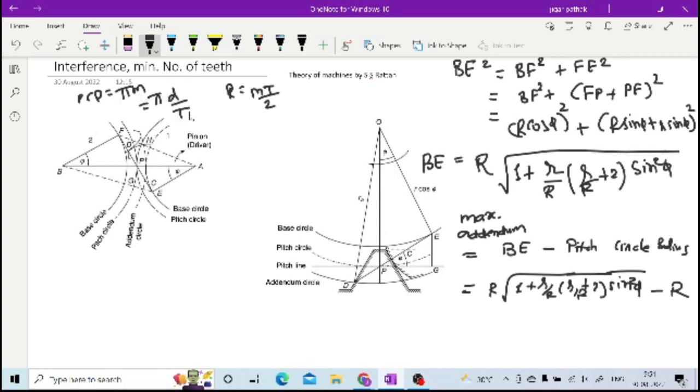So from m equal to d by T, d is equal to 2R, right? So when you put d equal to 2R, you will find that R is equal to mT by 2. So from that, this R equal to mT by 2 has come.